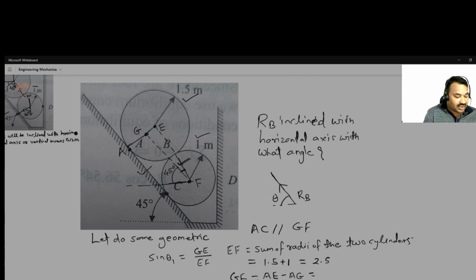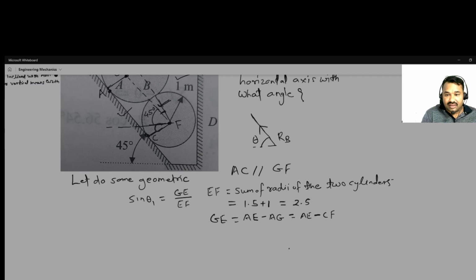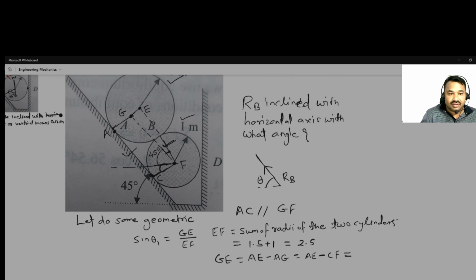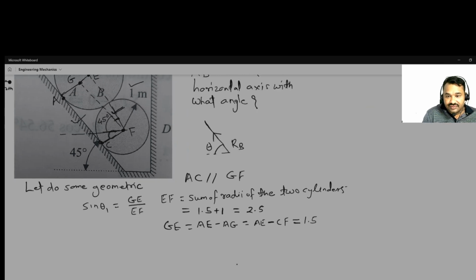Okay, and it can also be written as A minus AG. This AG is equal to CF. If you draw the line from here, it is CF, and it is equal to A, this A, and E is the radius of the larger cylinder minus CF.